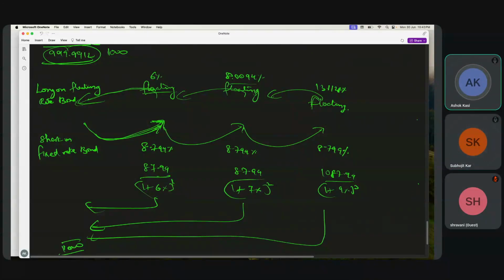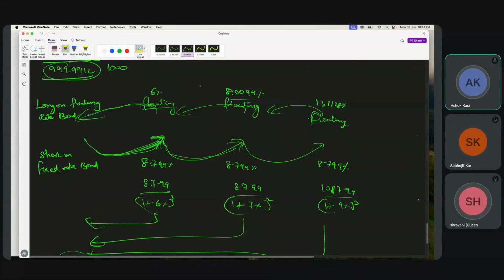It's just an analogy, because you are paying, so you are short, and you are paying the fixed rate. So you are getting 1,000 rupees here. The value of this bond is 1,000. Now let's see here as well.